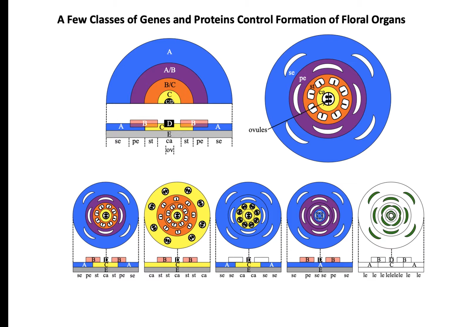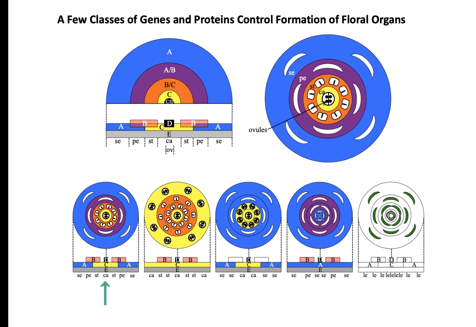So for a flower like over here, you have a whorl of sepals, a whorl of petals, a whorl of stamens, a whorl of a carpel, and then in the center, the ovules. In mutants, however, you get different patterns. Here's the normal pattern.